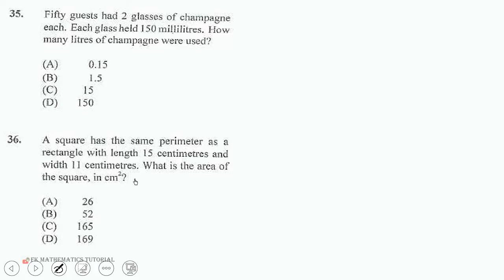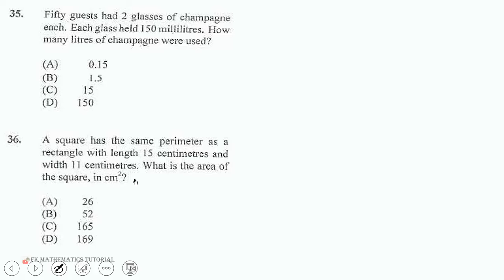50 guests had 2 glasses of champagne each. Each glass held 150 milliliters. How many liters of champagne were used? So 50 guests had 2 glasses each, so we have 100 glasses, and each glass had 150 milliliters.